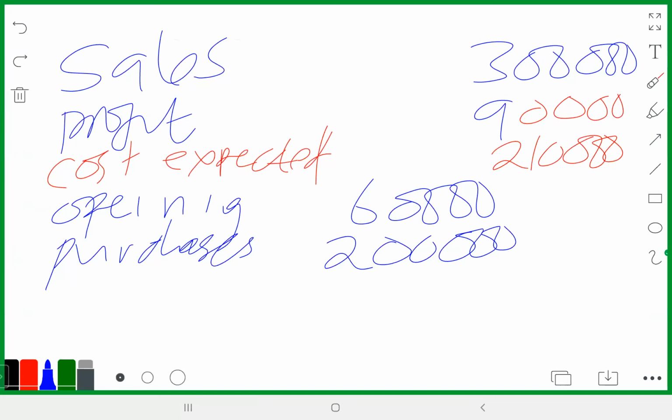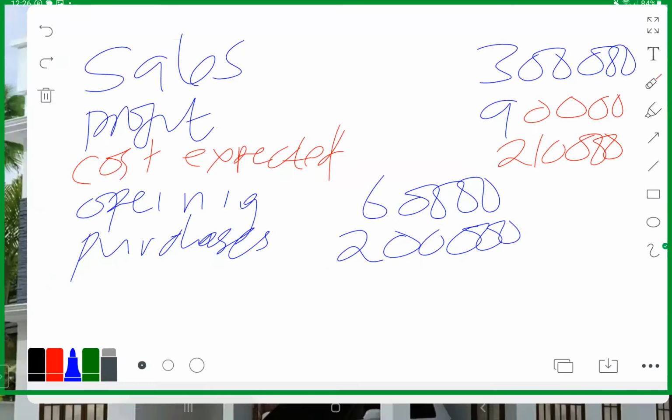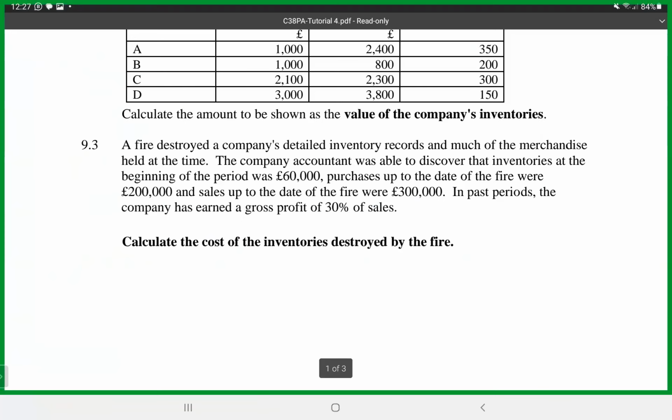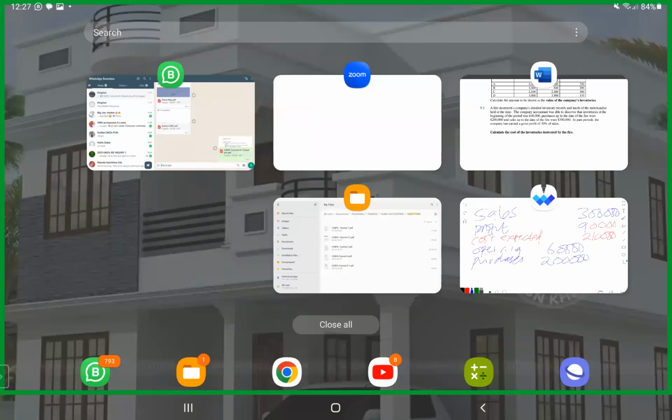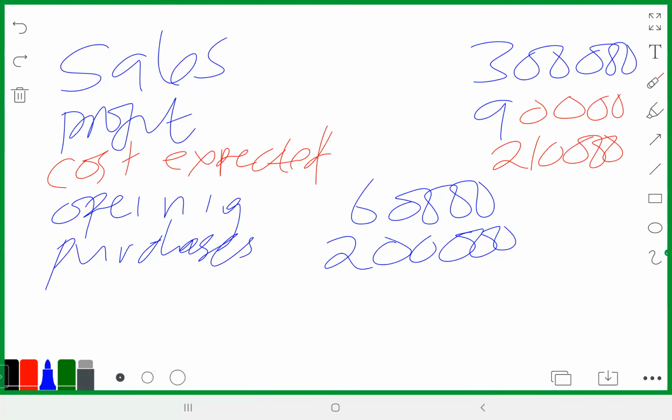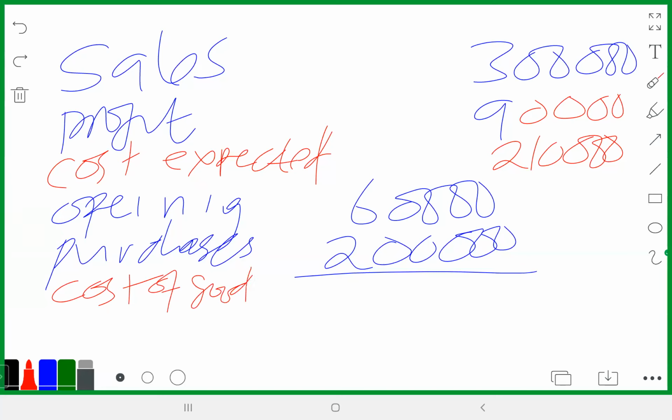And then the cost of goods available for resale would be how much? Just add these, that plus that. Cost of goods available, 260,000.